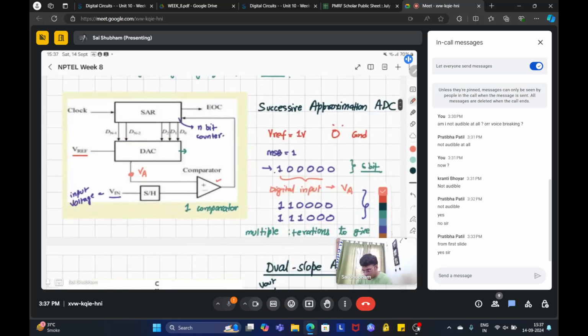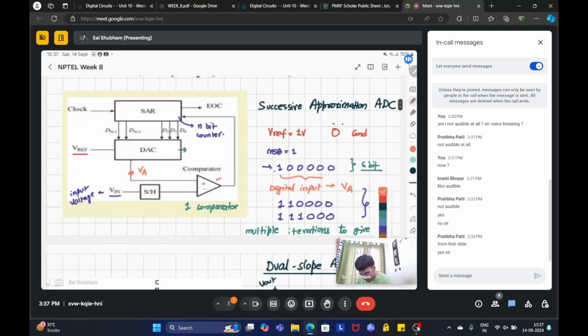Here I was explaining the working of different kinds of ADCs. In the SAR block, you have an n-bit counter. Depending upon the counter value, there is a digital to analog converter which gives you this VA value, and there is a Vin value, which is your input voltage that you want to convert from analog to digital.